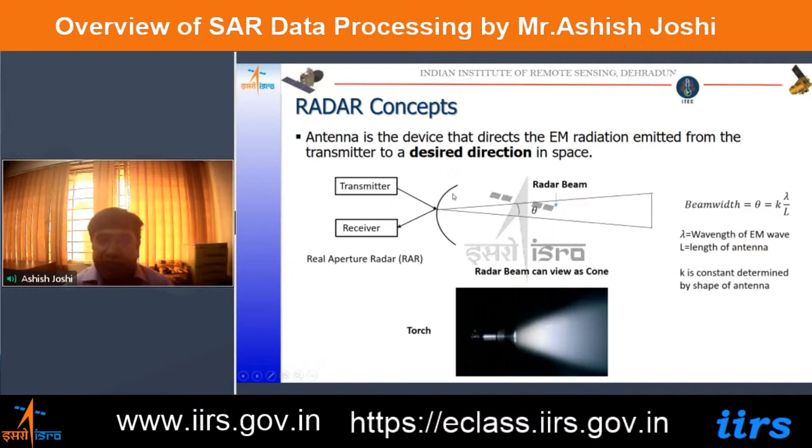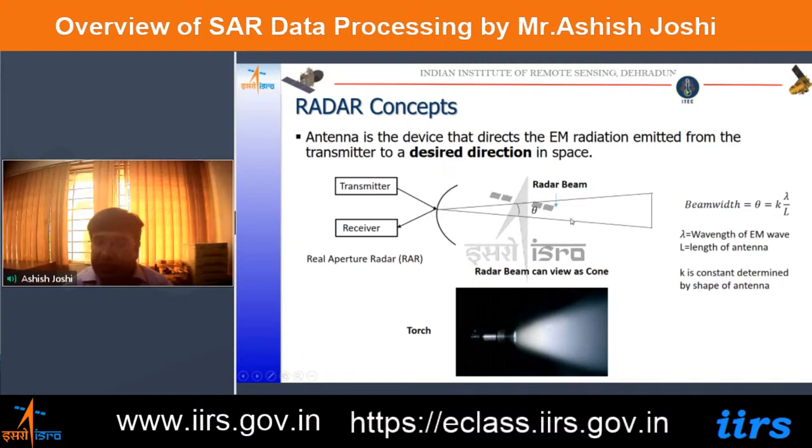Radar has mainly two components: one is the transmitter, second is the receiver. The transmitter transmits the electromagnetic radiations, and the receiver receives the electromagnetic radiation. It illuminates the Earth's surface like a torch beam, because radar is an active sensor.